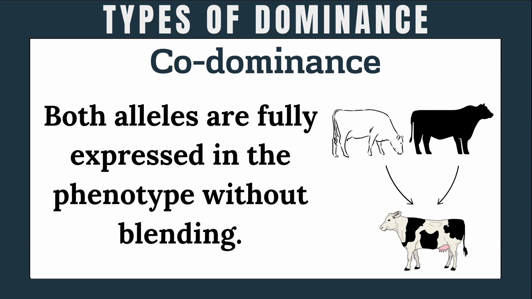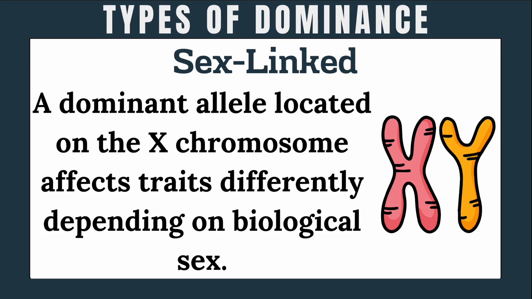Codominance. This means both alleles are fully expressed in the phenotype without blending. So if you have a white cow and a black cow and this codominant trait, you're going to get a black and a white cow because both are going to be expressed. A sex-linked type of dominance would be a dominant allele located on the X chromosome, affects traits differently depending on biological sex.